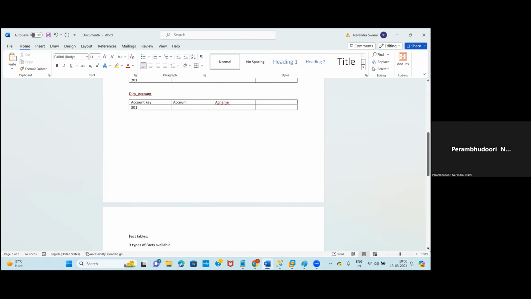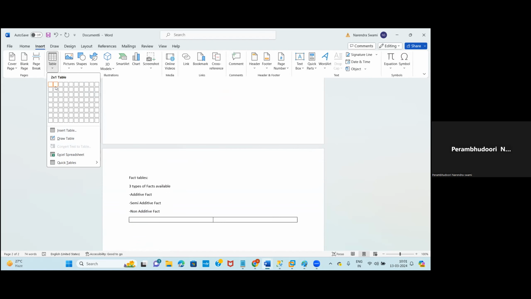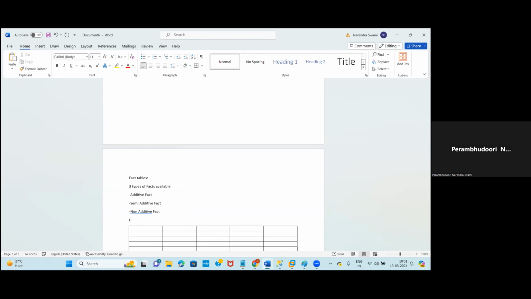Suppose I will take one example of a table, that is a product and sale table. Here we have one fact table, fact product and sale table. A fact table will start with fact only, and a dimension table will start with dim only.